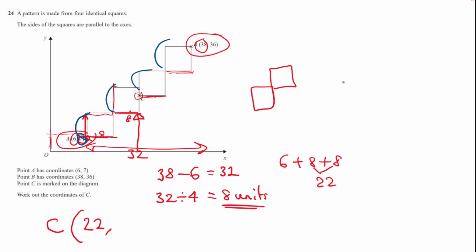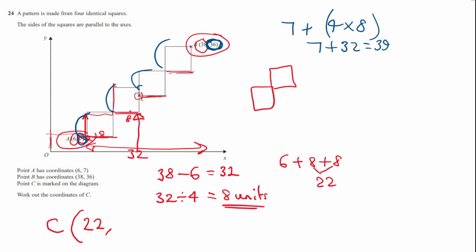So 7 plus effectively 4 steps of 8. 4 times 8 is 32. 32 plus 7 is 39. So our y value here, however, is 36.